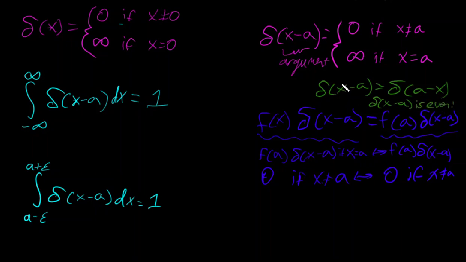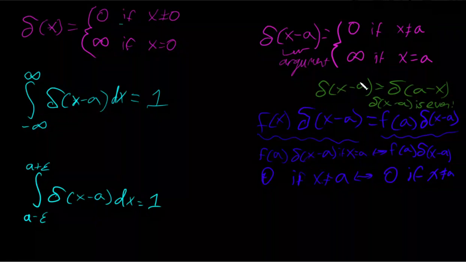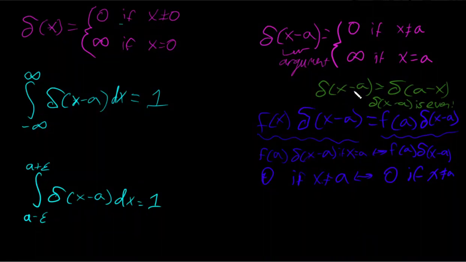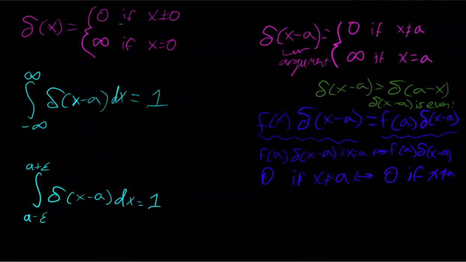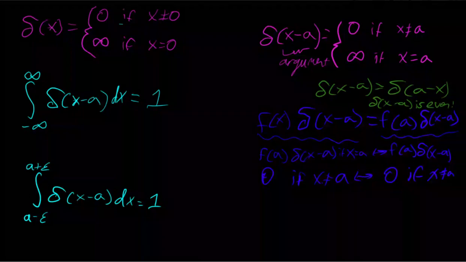You can just look at this from the definition: here, we're literally swapping the places of x and a. So this would be 0 if a does not equal x, and infinity if a equals x, which is the same thing. X not equal to a and a not equal to x are the same thing. X equals a and a equals x are the same thing. Okay, so hopefully you all have these properties down.